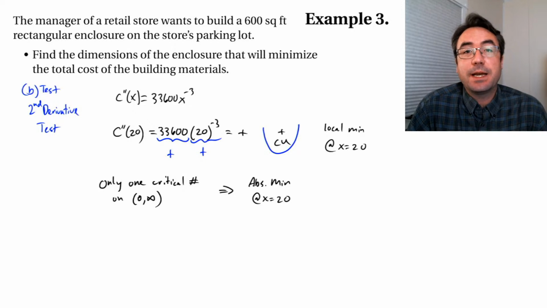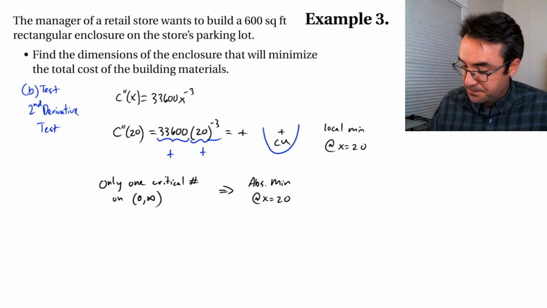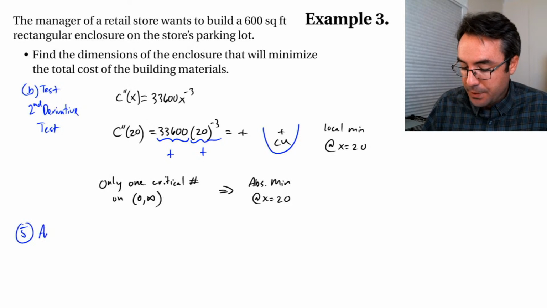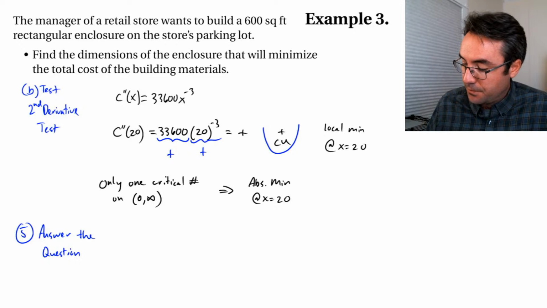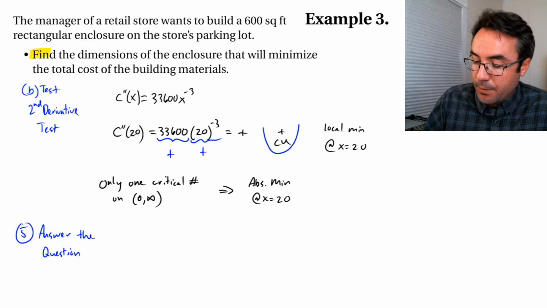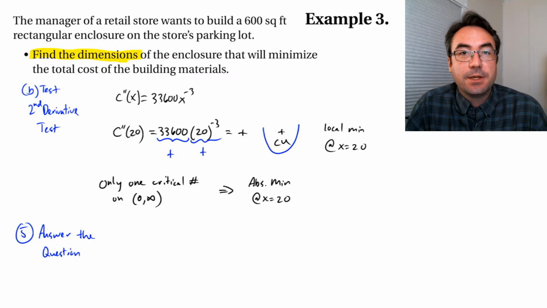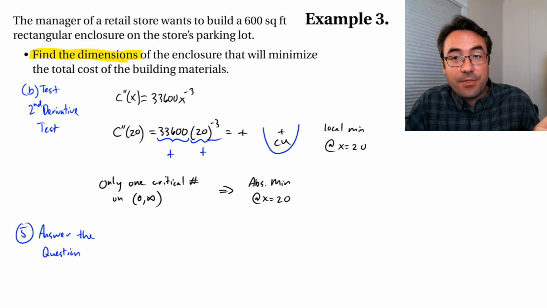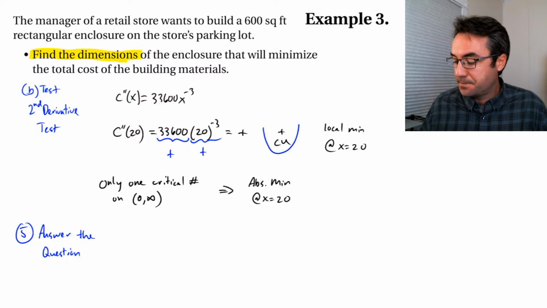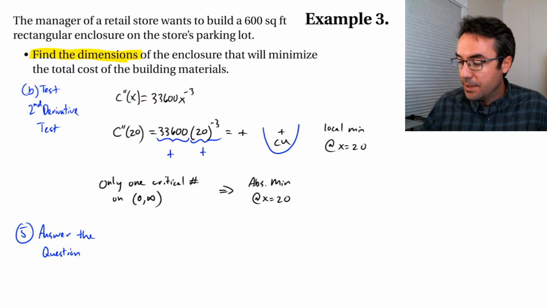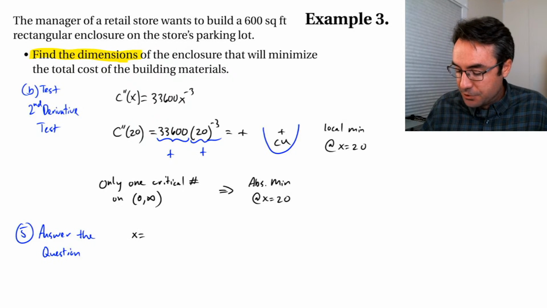Now we just want to make sure we actually answer the question. And that's the last step. We just want to make sure we go through and find everything that the question is asking for. And so for this one, ultimately what we want to do is we want to find the dimensions. So that's the x and the y value. So we found x was 20.